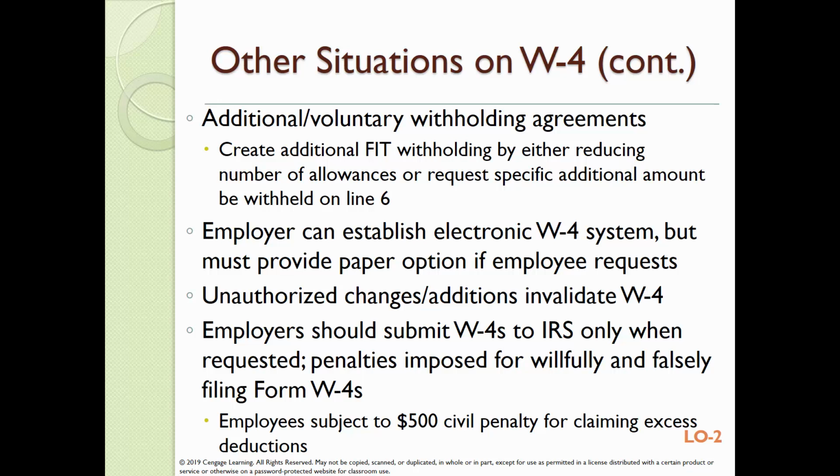I use it to input into the software, obviously. Are you married or single? And how many withholding allowances do you have? And then I hold on to it. I don't ever send it to the IRS unless they request it. And they're only going to request it if they think there's something suspicious going on, like somebody's claimed 15 exemptions. Yeah, really? You have 15 dependents? Wow.